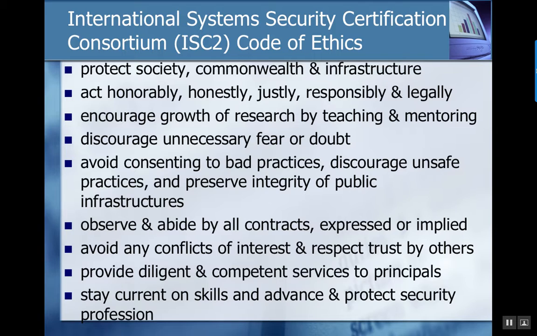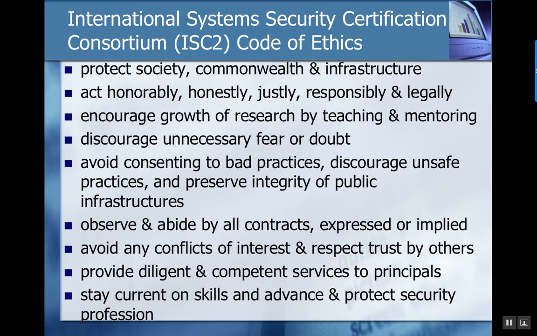Now, here's a high level view. This is from ISC2, an institute that focuses on computer security. They also manage the CISSP. This is a set of guidelines that they've put out around what should be associated with the code of ethics.